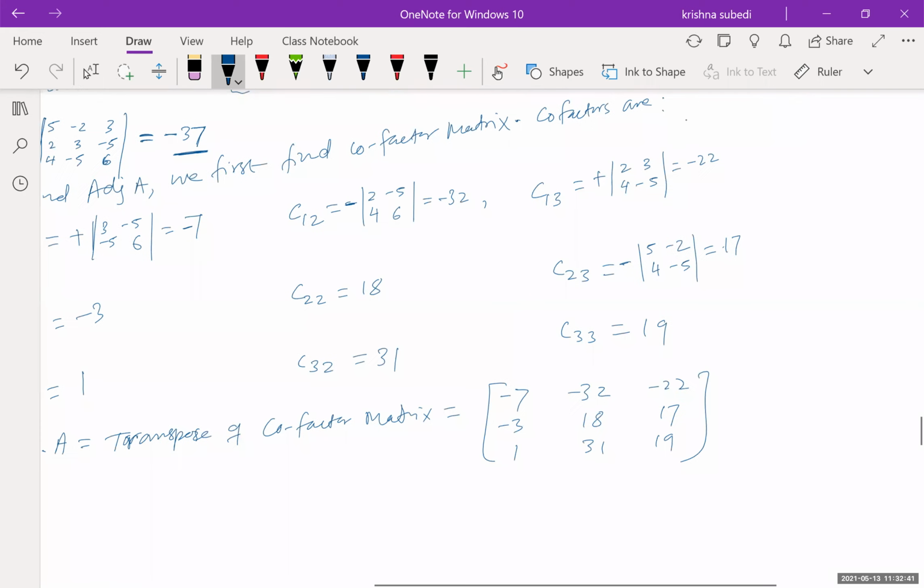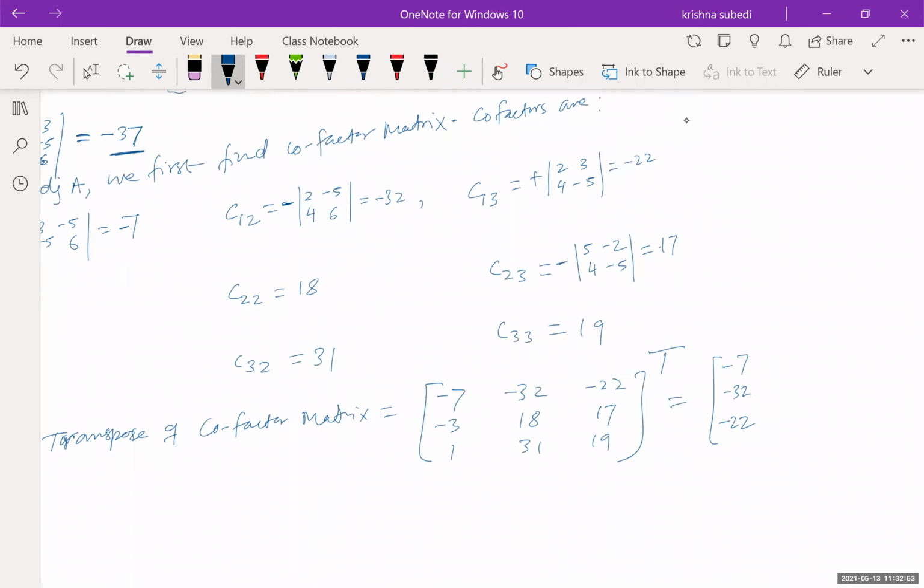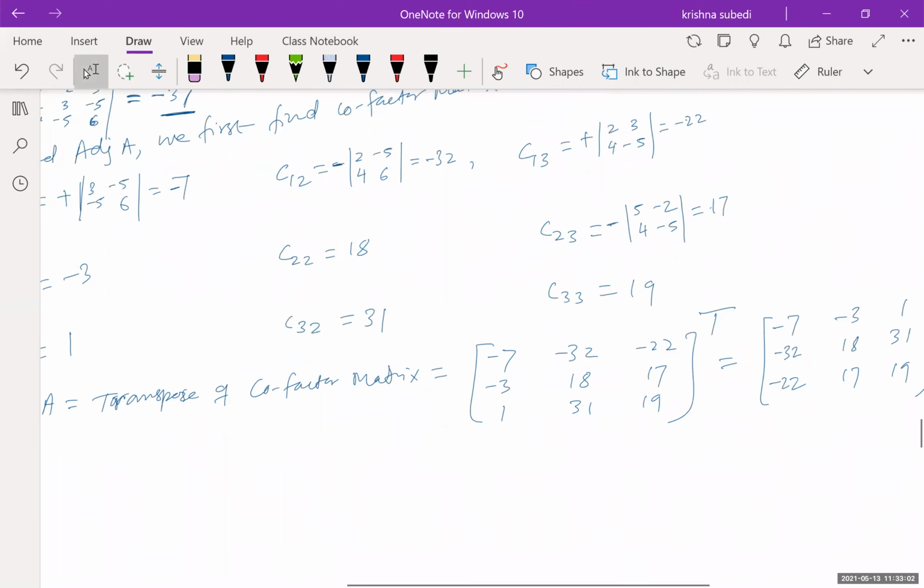And then transpose, don't forget to transpose it. So the answer is negative 7, negative 3, 1, negative 32, 18, 31, negative 22, 17, and 19. And that is our adjoint of A.